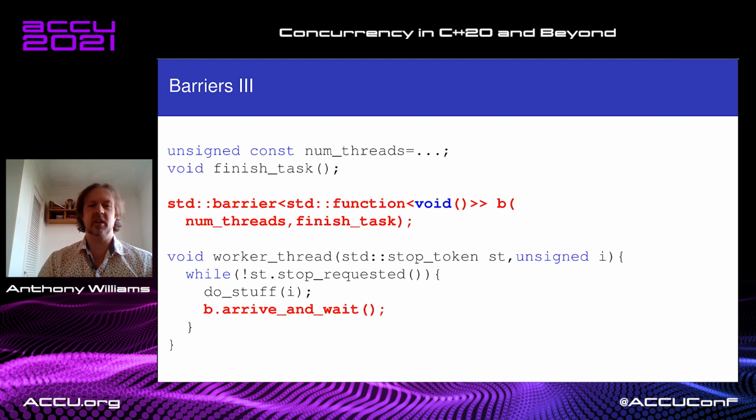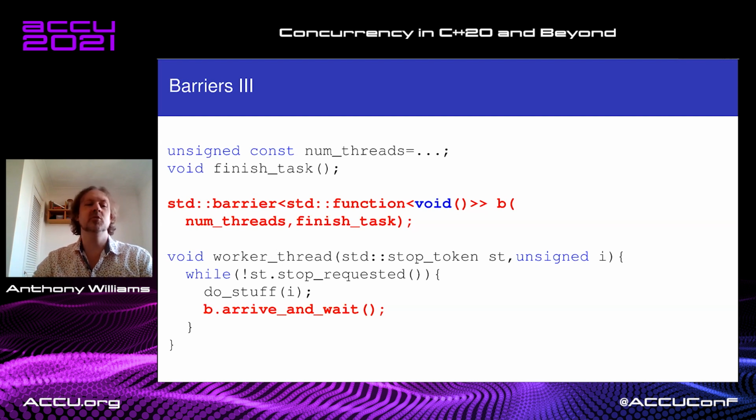So have a look in code. Now, barrier is a template because it needs this completion function. In this case, we're going to finish our task. So each thread sits in a loop while we haven't been interrupted. We're going to do some stuff related to our worker number. We're going to arrive at the barrier to say we've done our bit.